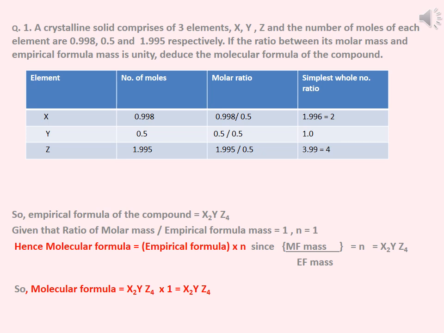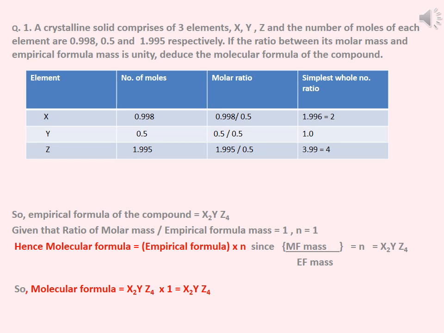Now it is given in the problem that the ratio of molar mass to the empirical formula mass of the compound of elements X, Y, and Z is equal to unity, that is 1. That means in this problem, n is equal to 1. What is n?